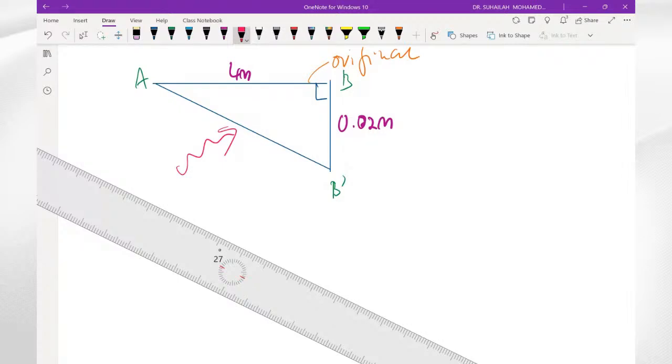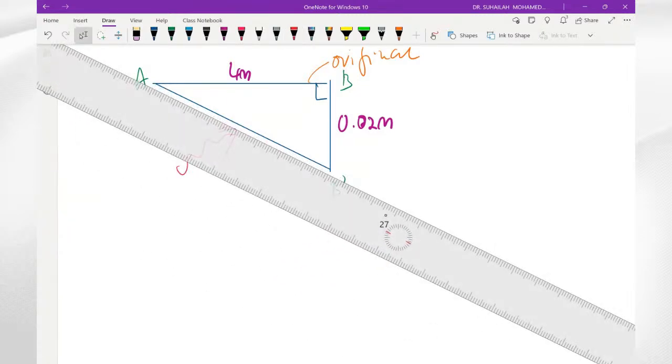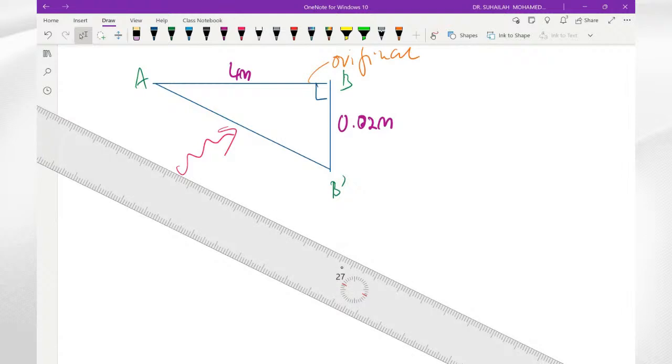How AB prime, as the new beam position, can move to the original position. We have to apply moment. So this is the new position.